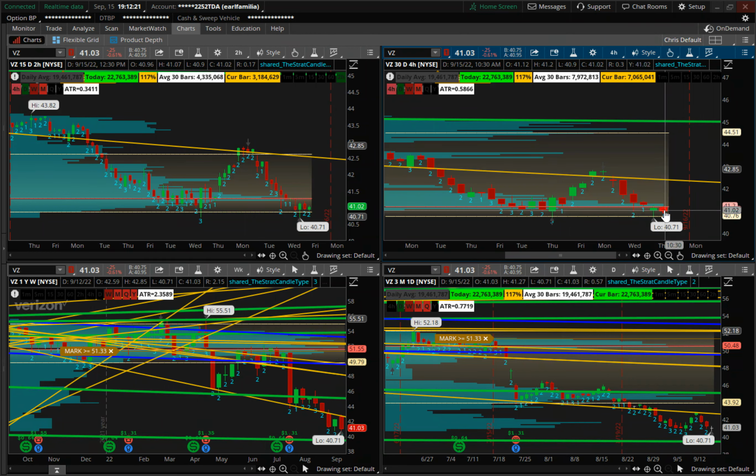I don't know if price will continue down right here or consolidate first and then make its way down, but that's one to keep your eye on. I say the level of 4102, below that would be your entry point.